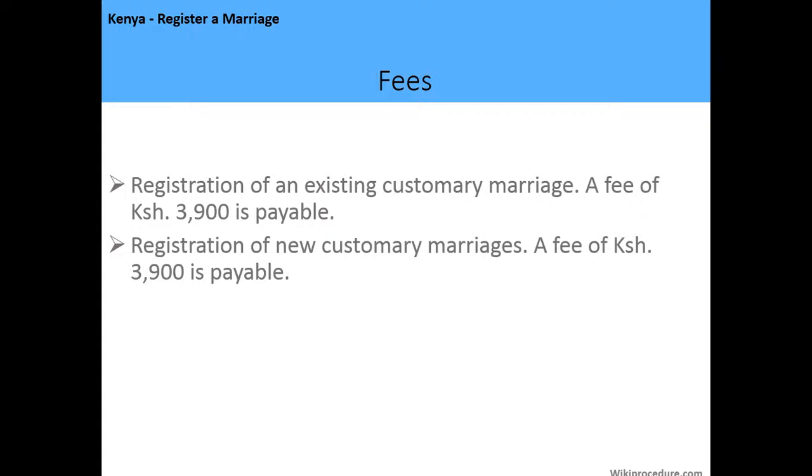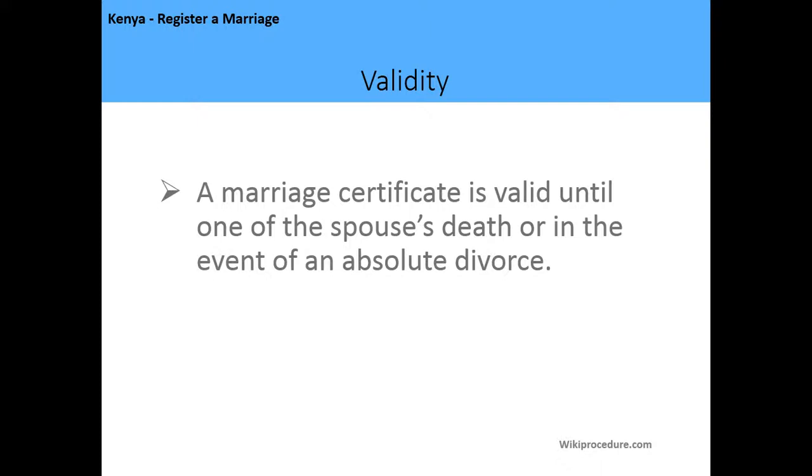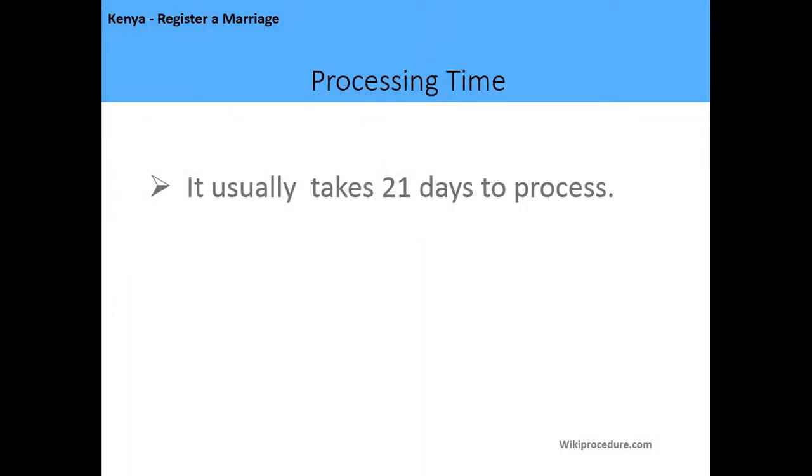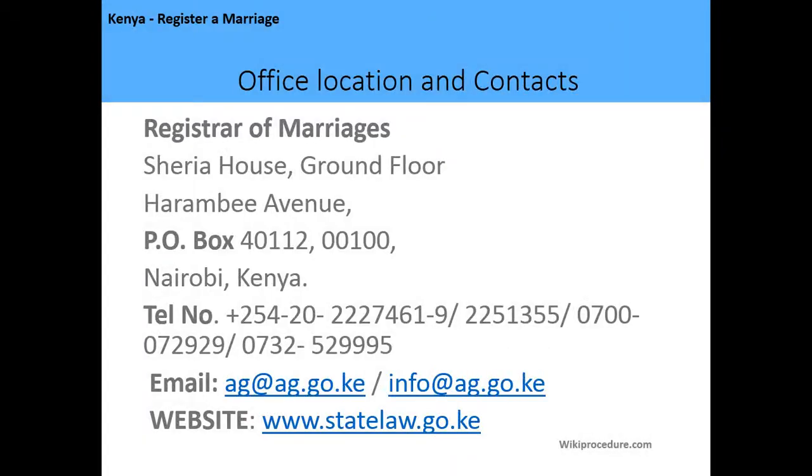Registering a new customary marriage costs the same, which is 3,900 shillings. The marriage certificate is valid until one spouse is dead or in the event of a divorce. The processing time usually takes 21 days.